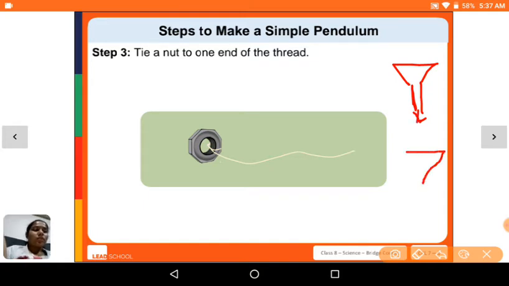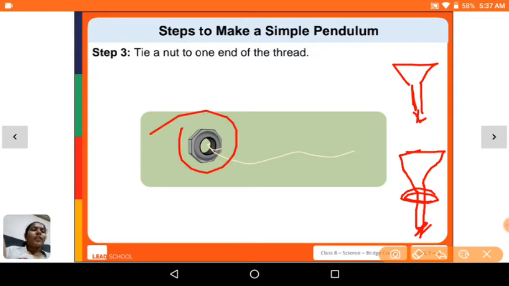And this will be pointed, so it can easily dig. And to tighten this, there will be a knot like this, so it can tighten the bolt. So tie that thread on that nut.